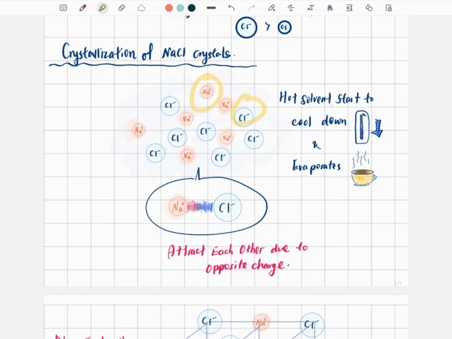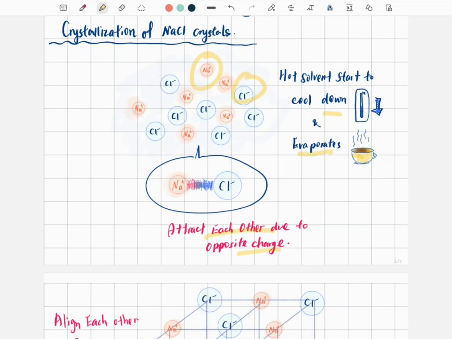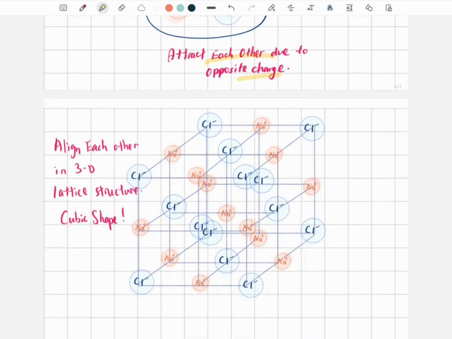As the solvent evaporates or cools down, the ions start to attract each other due to their opposite charge. This attraction causes the ions to come closer together and align themselves in a 3-dimensional lattice structure.